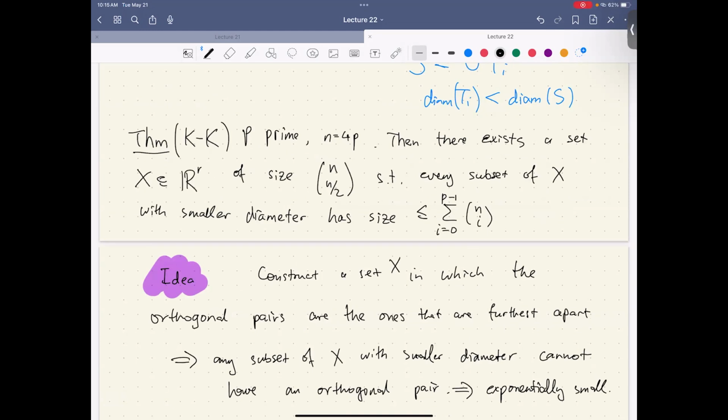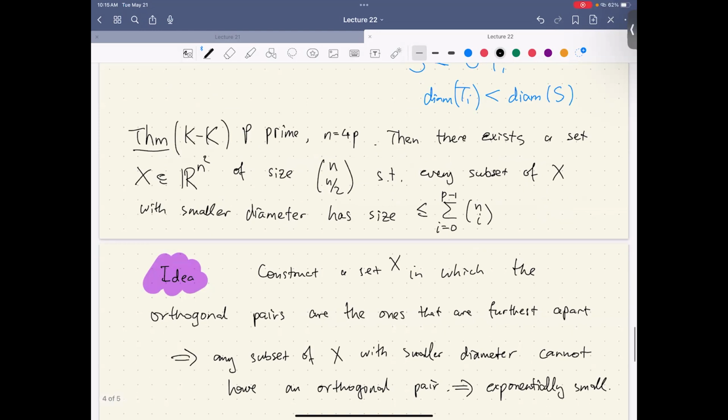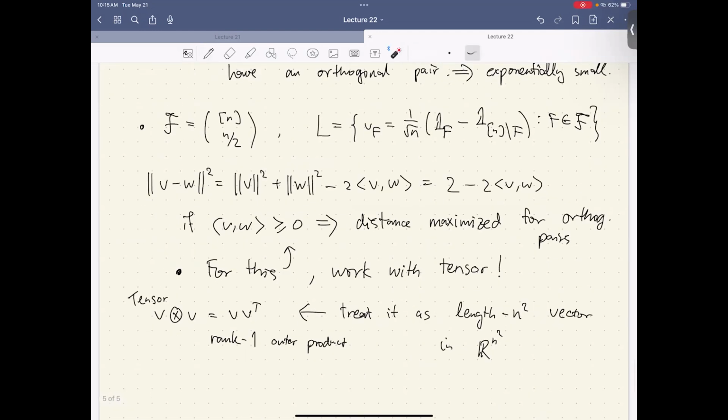We will find our set X not in R^n, but in R^(n squared), so that we have this nice property, and then the diameter is realized by orthogonal pairs.